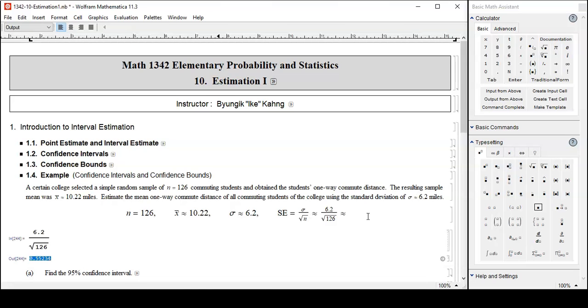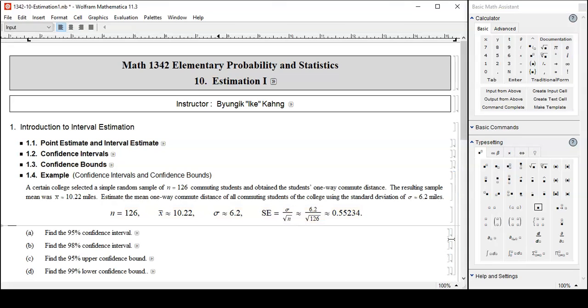Alright, 0.55 something. Okay, that's what this problem gave you.